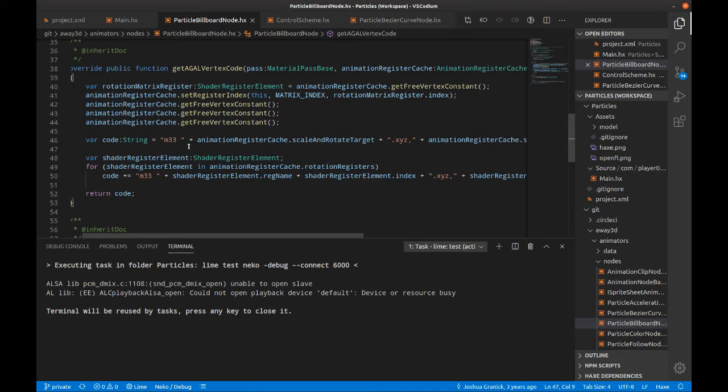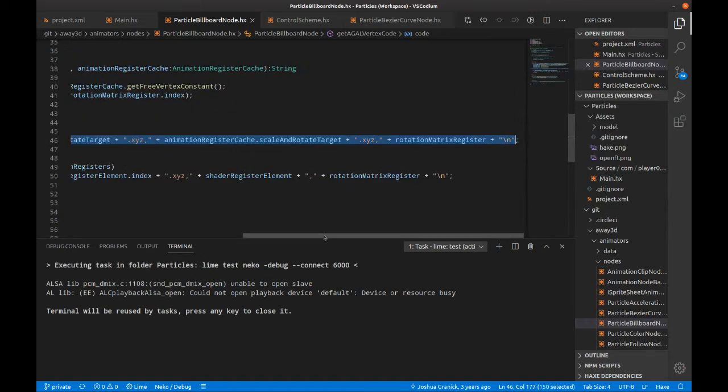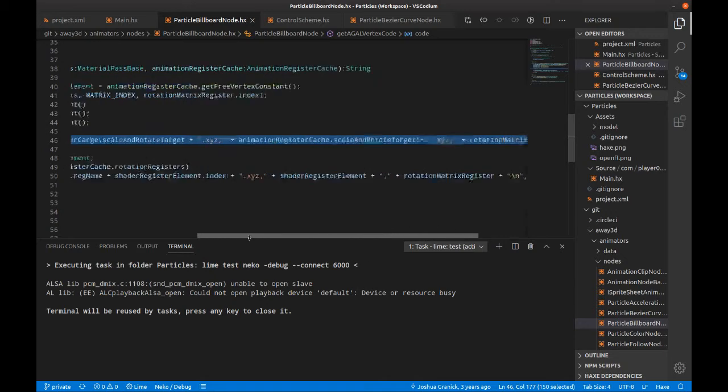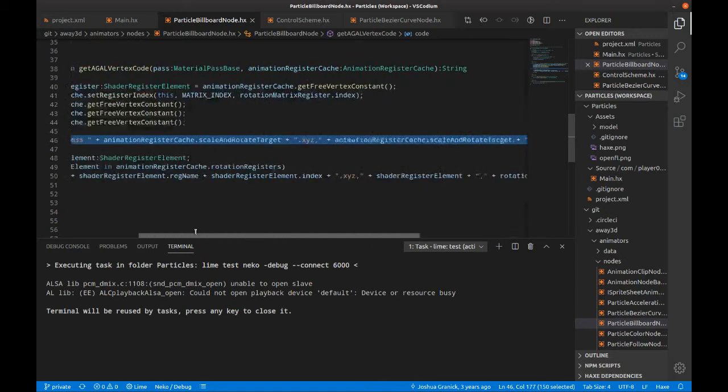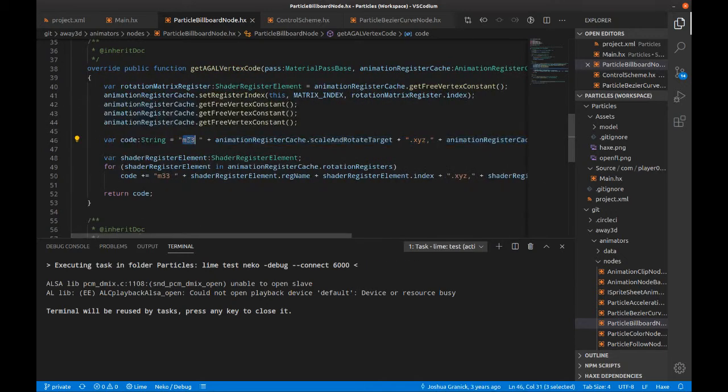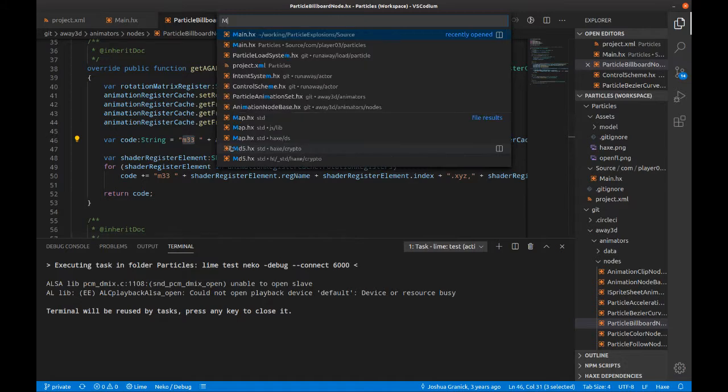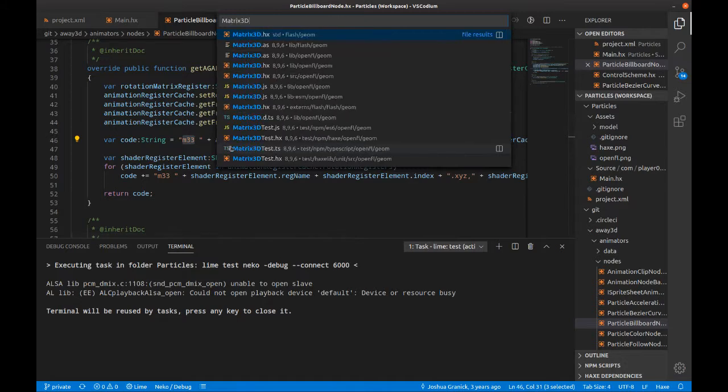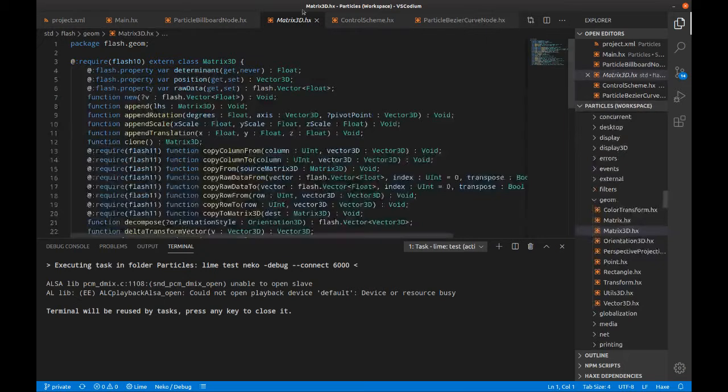M33, matrix multiplication. So this whole thing that I've got selected is a single line of shader code. In fact, it is a single instruction to use a matrix multiplication. Matrix multiplication is pretty cool and can be done more conveniently on the computer, on the CPU side of things, using a matrix 3D class.